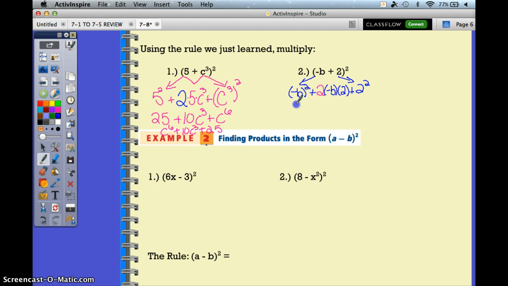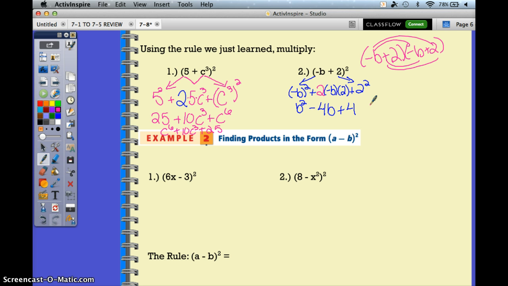So we get positive b squared, because negative b times negative b is positive. 2 times 2 is 4 times a negative b is negative 4b plus 4. And again, you could have written it like this, negative b plus 2 times negative b plus 2, did your distribution, and you get the exact same answer. You can always check yourself.